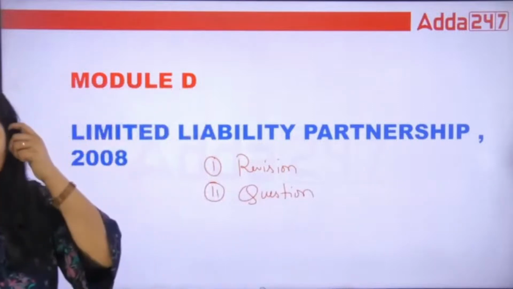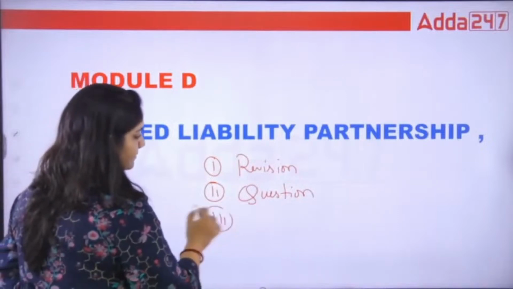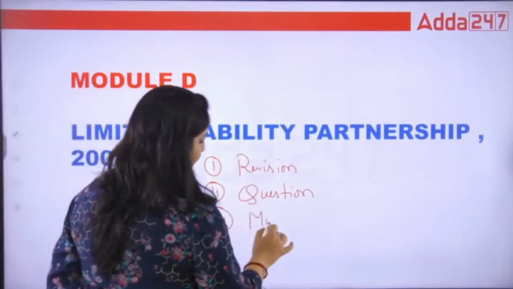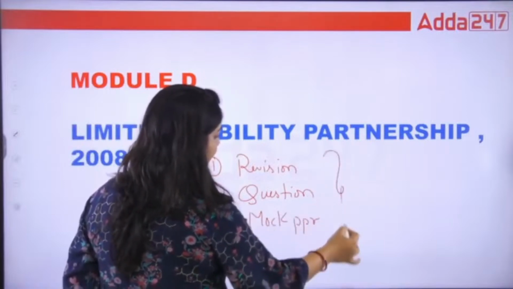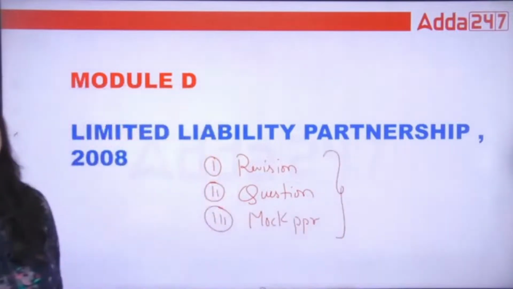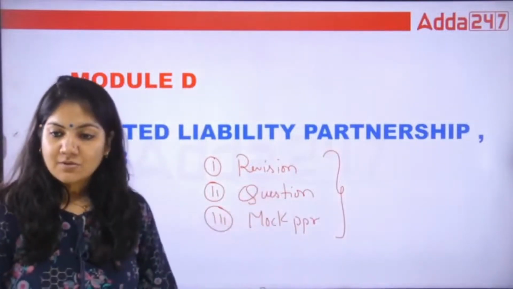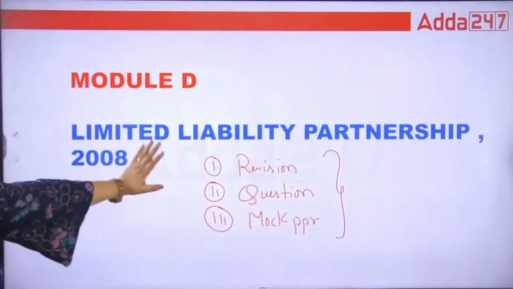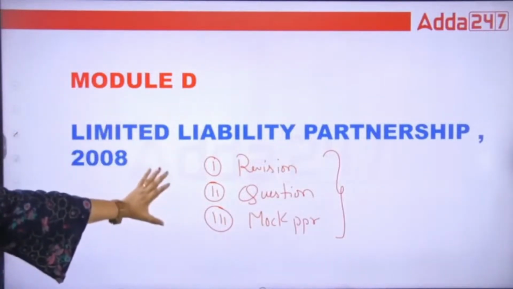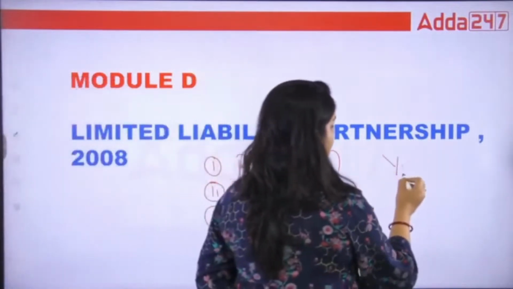That is important, right? Third, mock papers. That is very important. When you do these things, you will absolutely score very good marks in the BRBL subject. So it is very important from the examination point of view that you follow all these steps. And last, you have to follow the YouTube session.